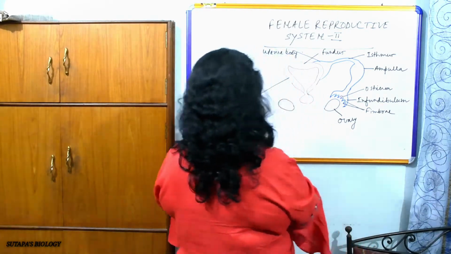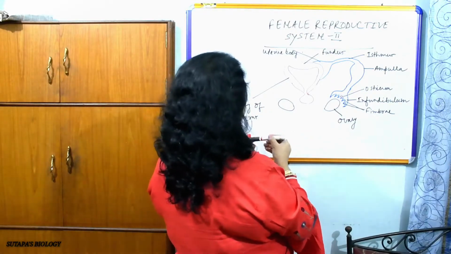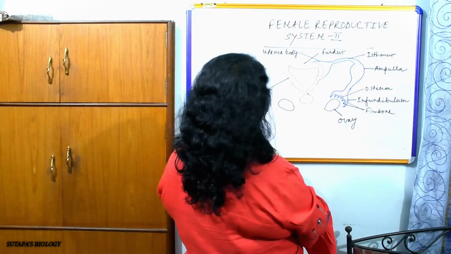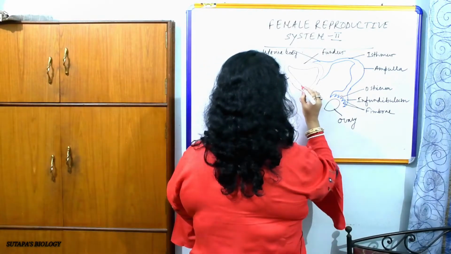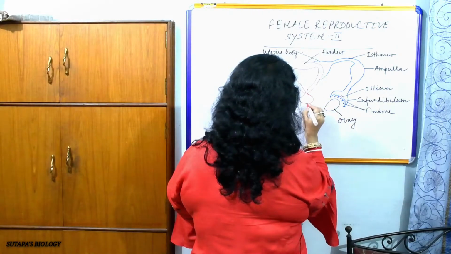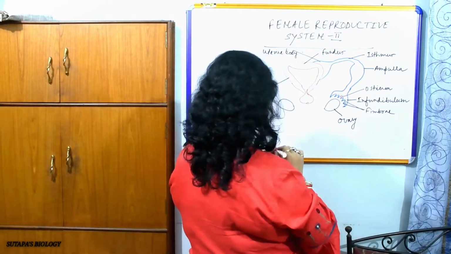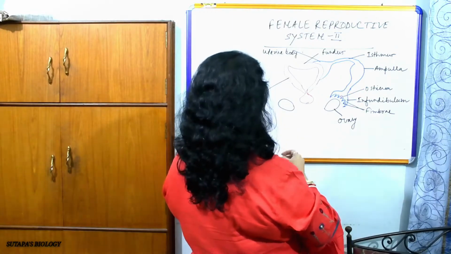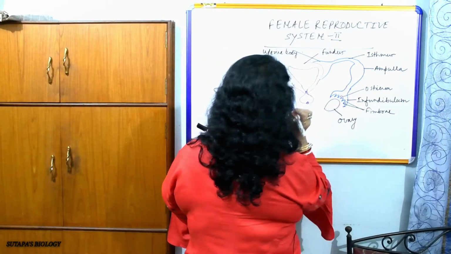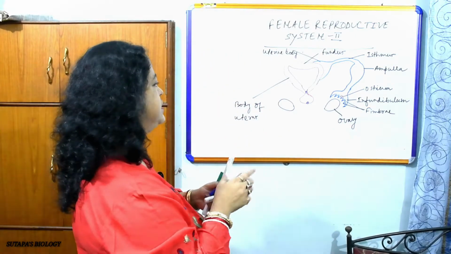This is the body of the uterus, and this is the cervix. The constricted part of the uterus is known as cervix, or neck. It has two perforations. One is os externa and another is os interna.